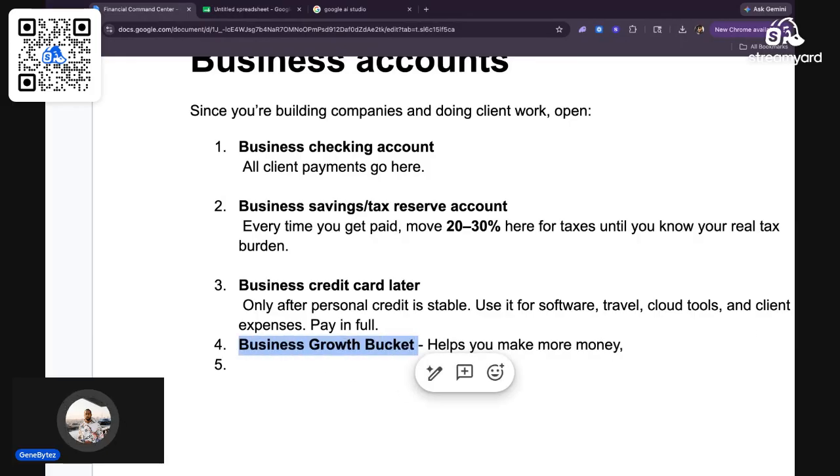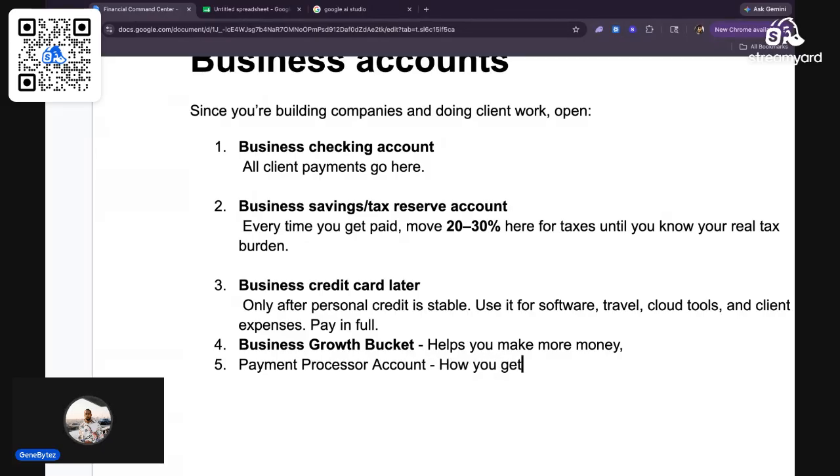So you need a way to get paid professionally. A lot of people don't know about this, right? This is what I would call a merchant account. Now the options are, this is how you get paid: things like Stripe, Square, PayPal Business. Some of you guys have QuickBooks.